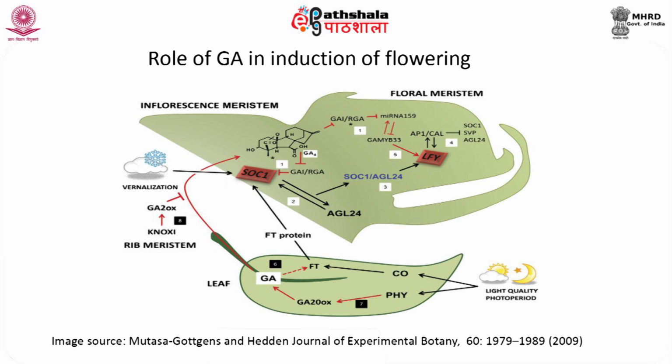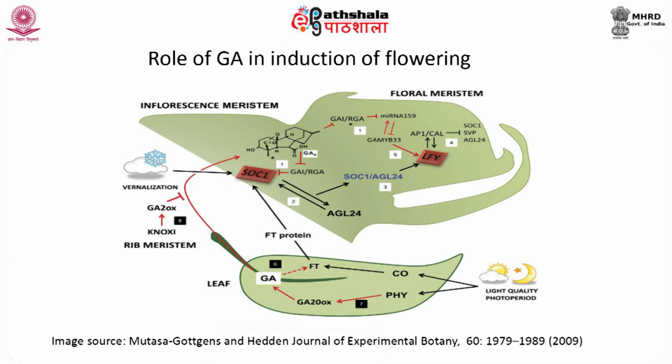Under inductive photoperiod conditions, phytochrome mediates expression of the key flowering integrator CONSTANS, which promotes the expression of FT. FT is the mobile signal that moves to the shoot apical meristem to induce flowering, as mentioned in the module on photoperiodism.